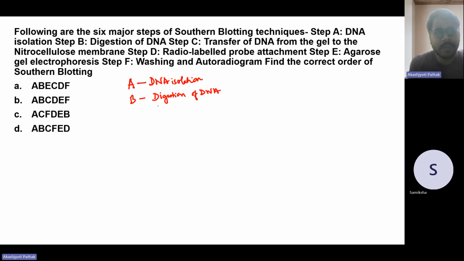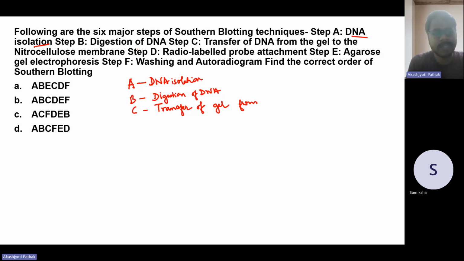C is transfer of DNA from the gel to nitrocellulose membrane. Option A. So the first step is DNA isolation, right? Yes, correct. You have to isolate the genomic DNA.